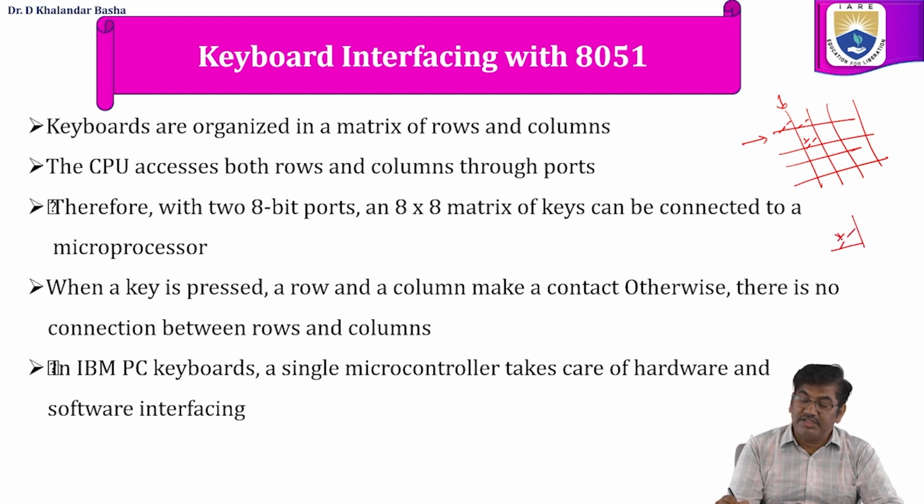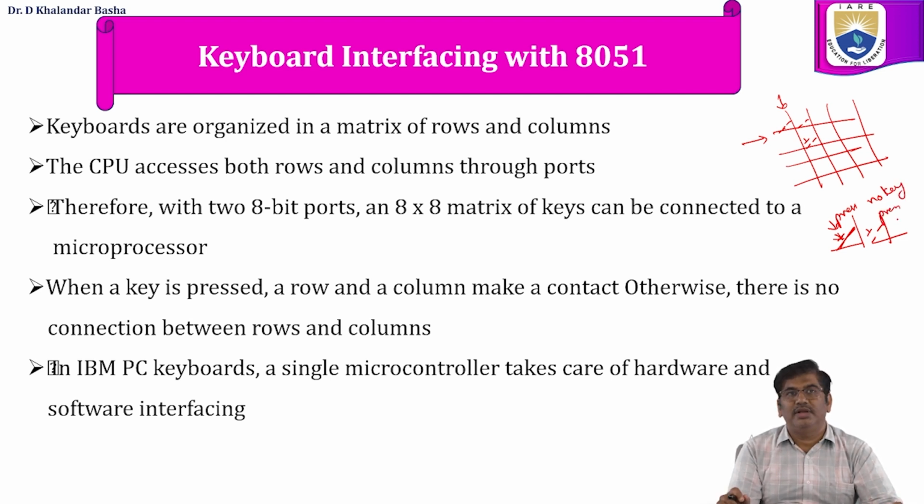When a key is not pressed, the key is left open, so the row and column will not be in contact. In IBM PC keyboards, a single microcontroller takes care of the hardware and software interface.